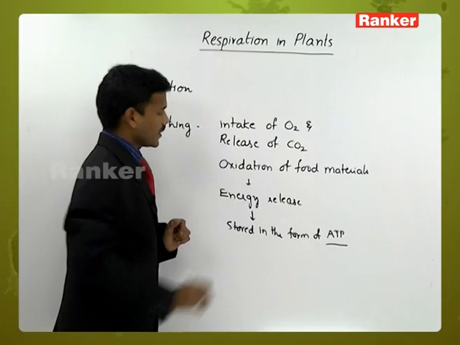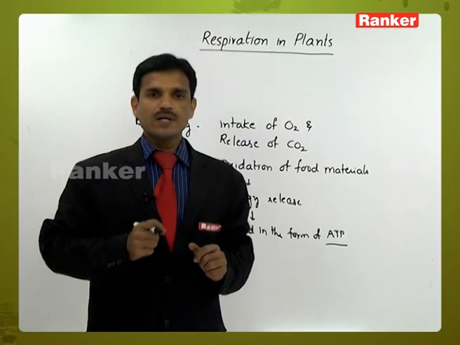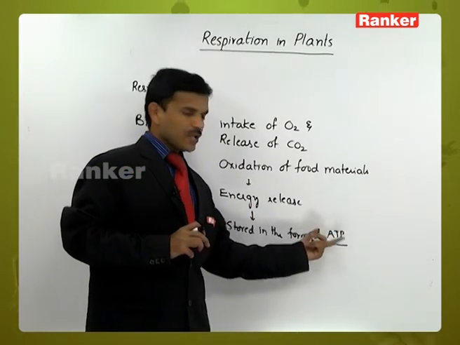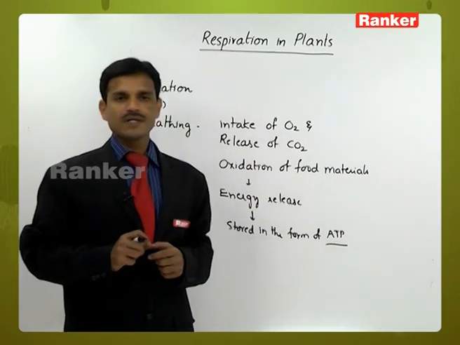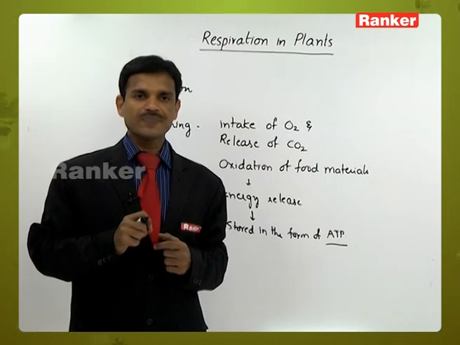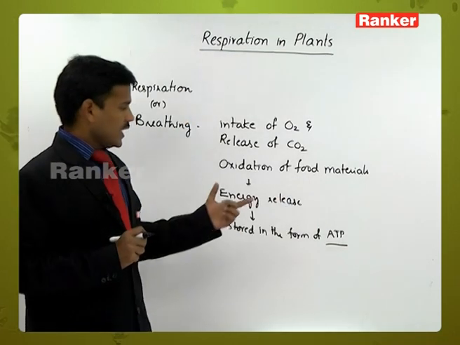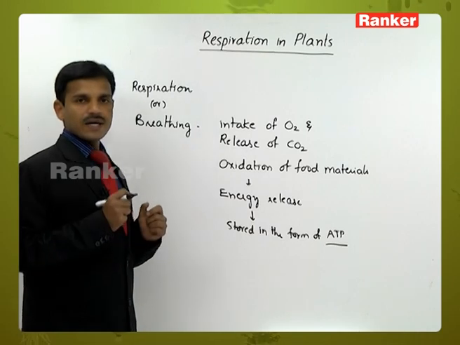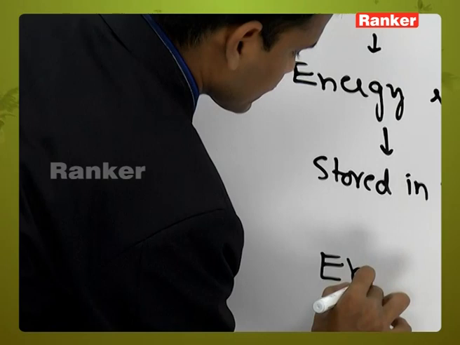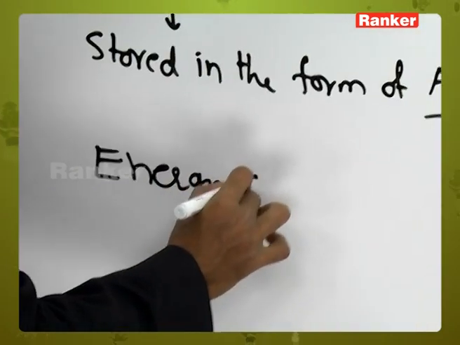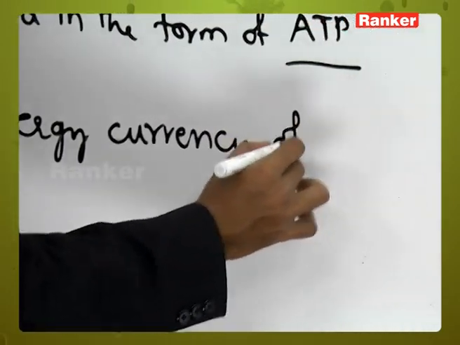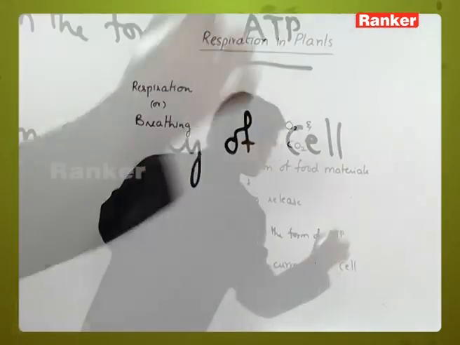So what is ATP? ATP is a nucleotide, adenosine triphosphate. Three phosphates are present in ATP. ATP is also called the energy currency of the cell.